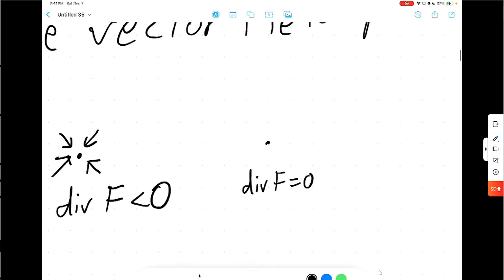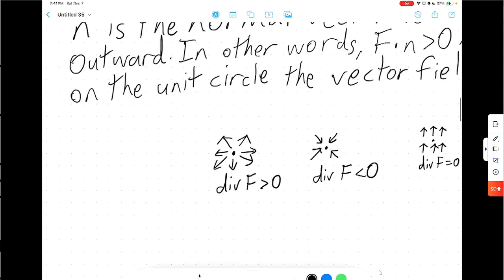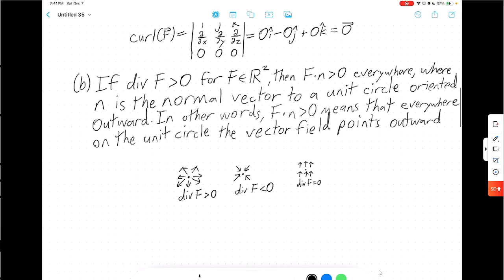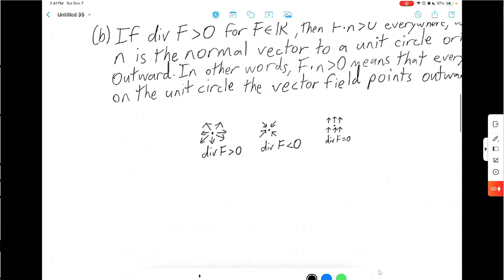And div f equal to 0 means an equal amount flowing in as flowing out. Something like this would be a good example of div f equals 0. With that in mind, does anyone want to give a guess? I think it's true. I also thought it was true.